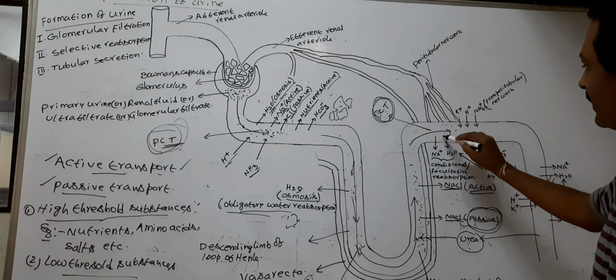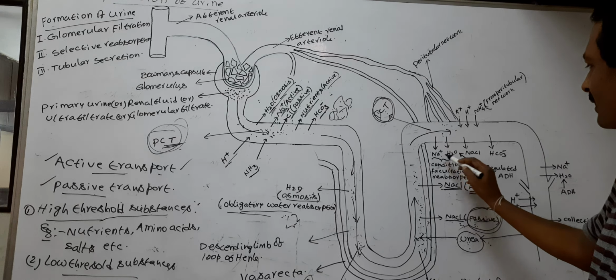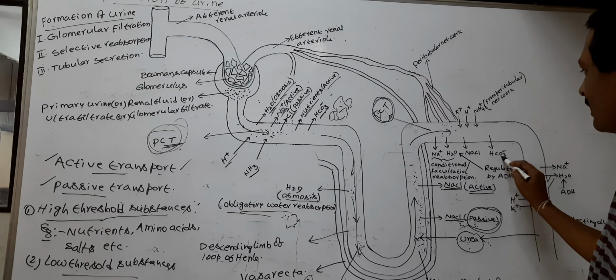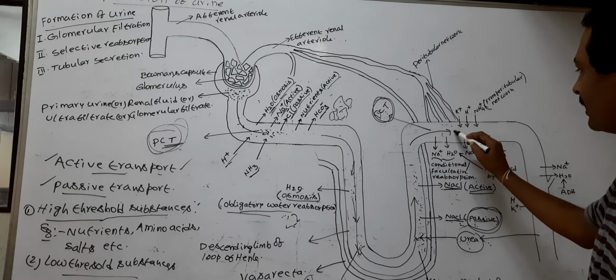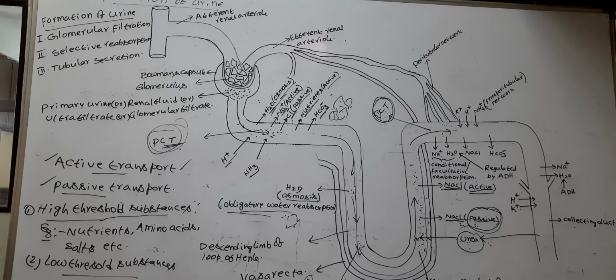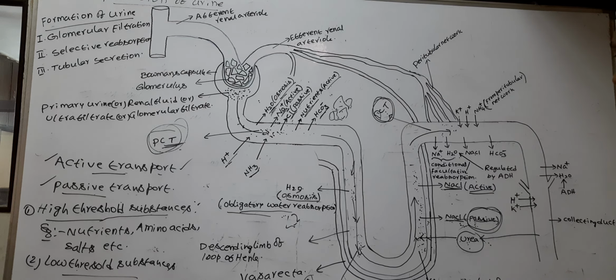The wall of the DCT reabsorbs sodium ions, water, sodium chloride and bicarbonates from primary urine into cortical interstitial fluid. From there they enter the blood stream.